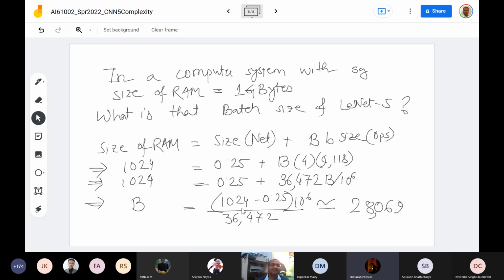It does not necessarily mean that the system has only 1 GB of RAM. So the point is, what can be the maximum thing which can be loaded over here? But in general operation, we never load it to the maximum, because you will need to keep something free for your system level operations to go on.